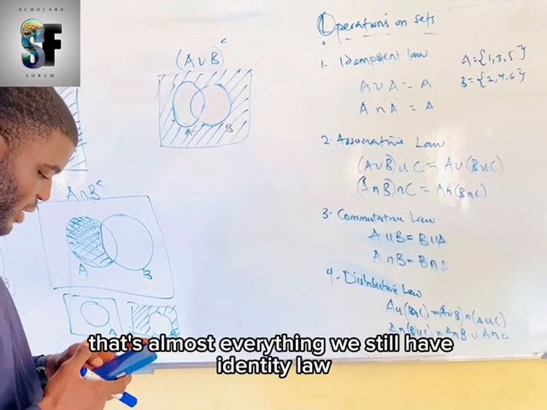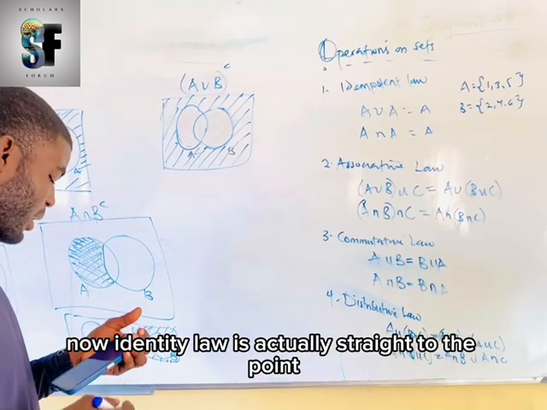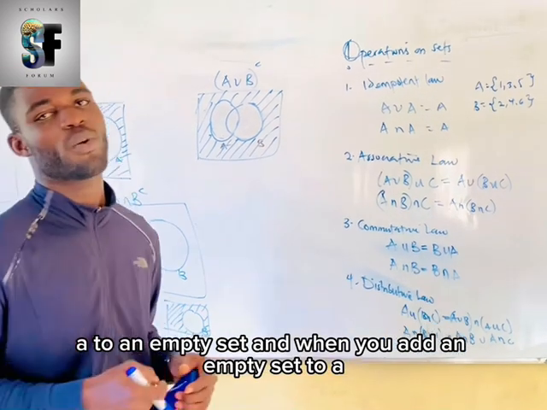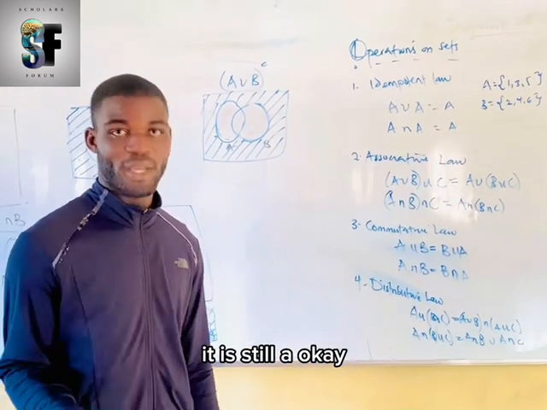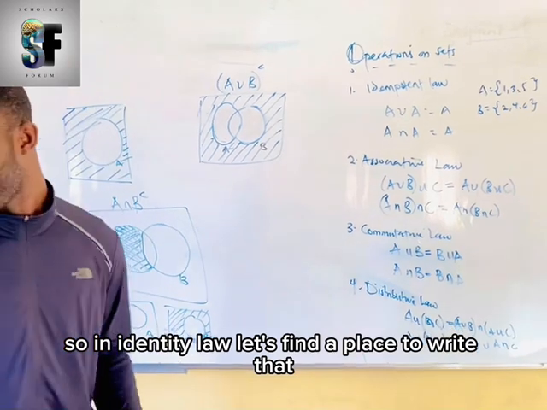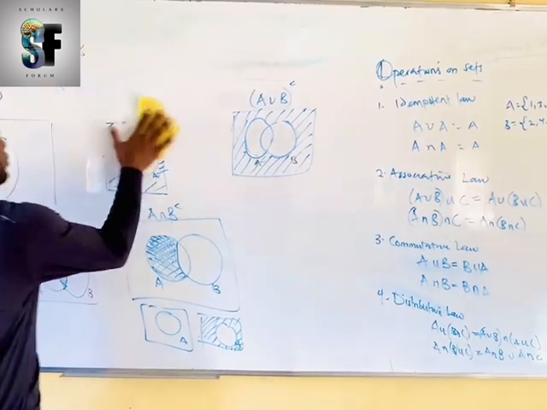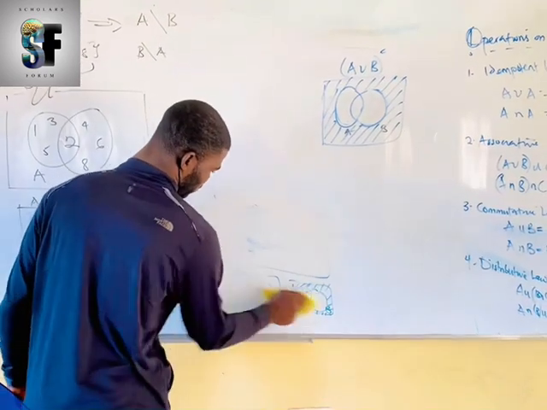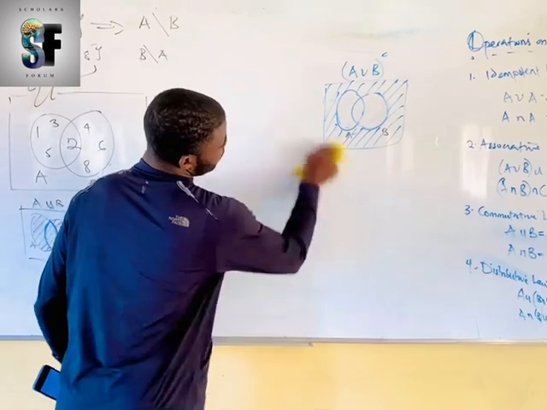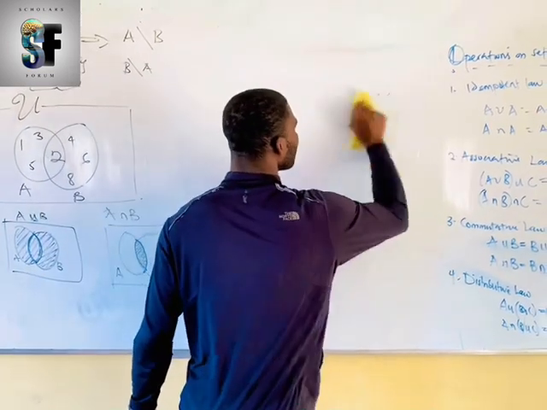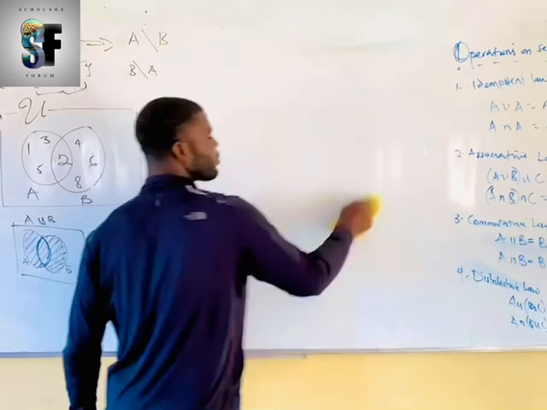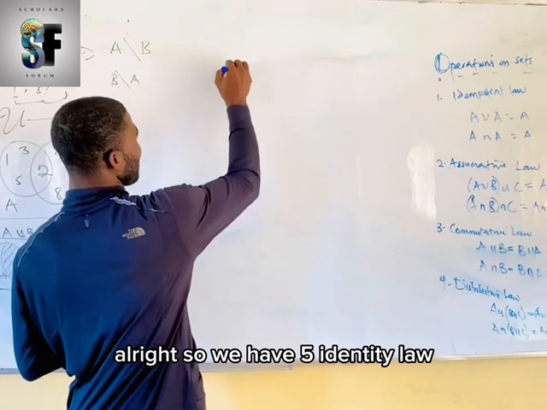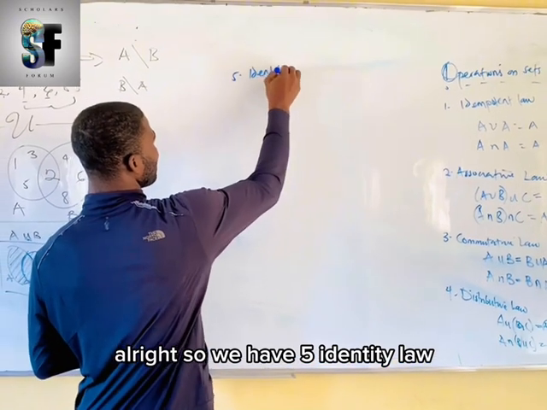Now that's almost everything. We still have identity law. Now, identity law is actually straight to the point. What identity law does is that when you add A to an empty set, or when you add an empty set to A, it is still A, okay? So we have 5, identity law.